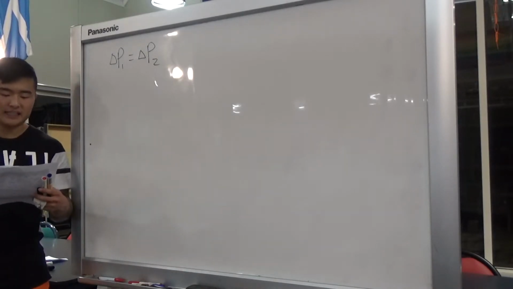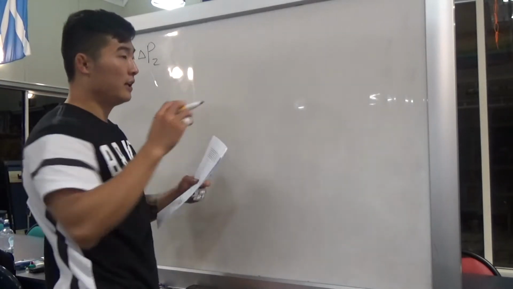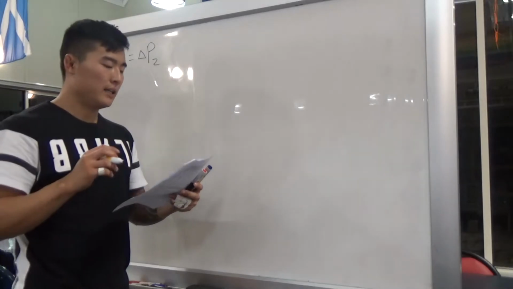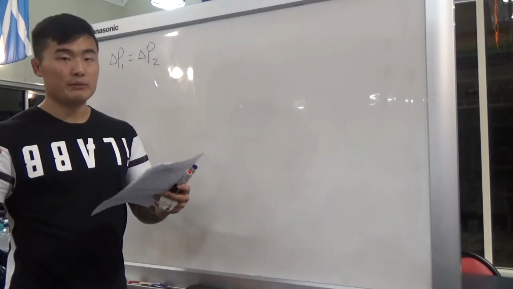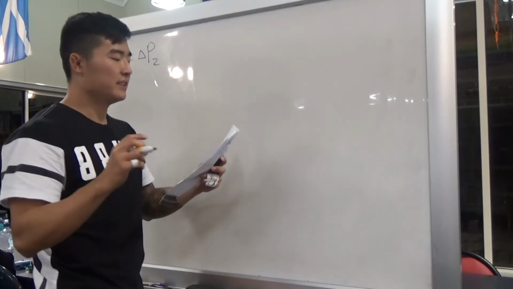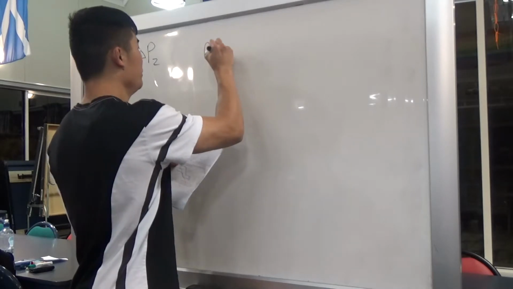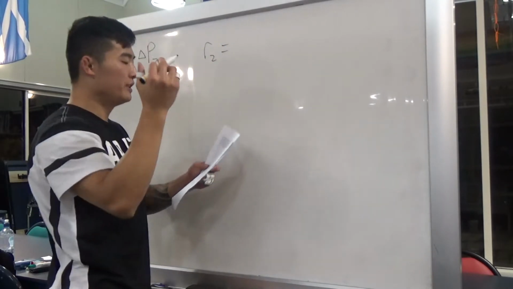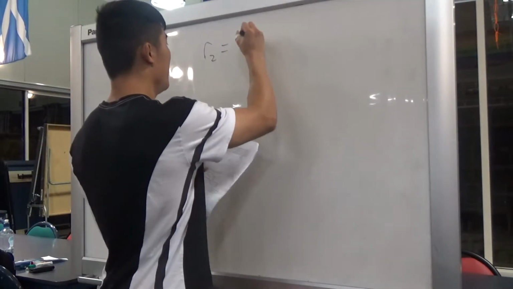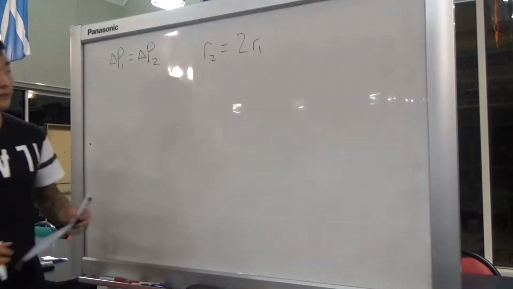Pipe 2 has twice the diameter of pipe 1. So remember that if it has twice the diameter, it means that it also has twice the radius. Okay, so that means the radius of pipe 2 is equal to double the radius of pipe 1, so 2 times the radius of pipe 1.